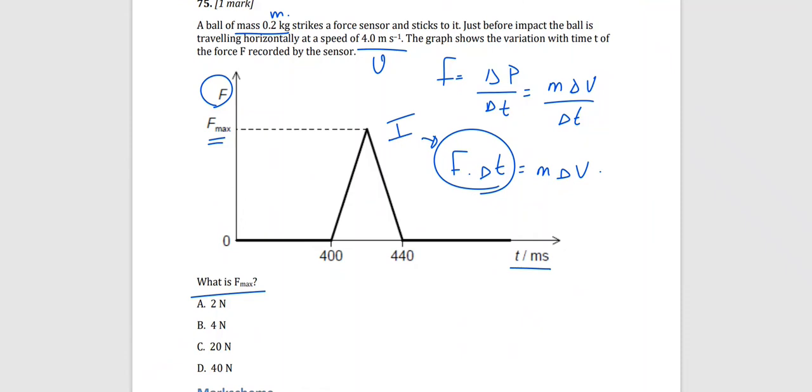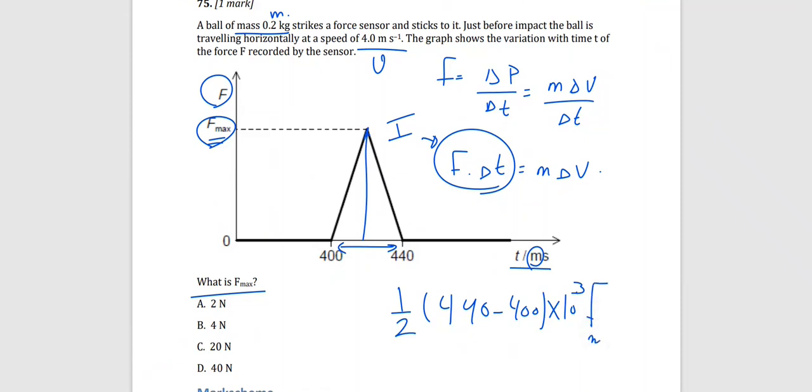The area will be half times the base, which is this distance. From here till here, I have 440 minus 400, this distance in milli, times 10 to the power negative 3, times the height. The height will be F max, the maximum force.